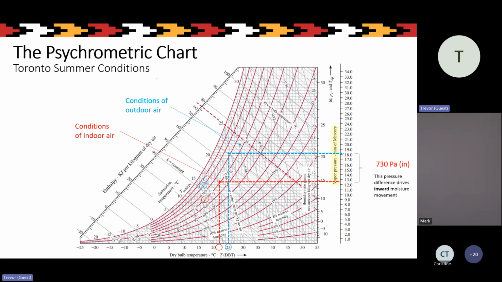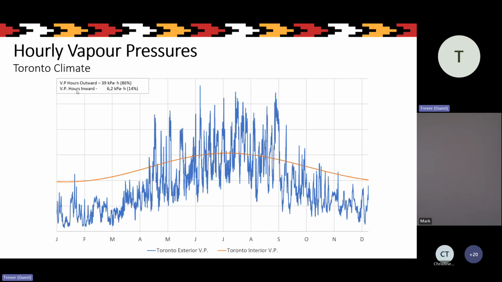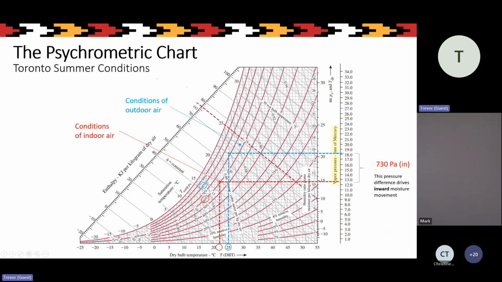And then here's, oops, sorry, jumped ahead. Here's what some of the conditions look like for Toronto in the summer. Let's say we keep a little higher, like 21, 22 degrees in interior air temperature and 60% relative humidity. That's pretty normal.